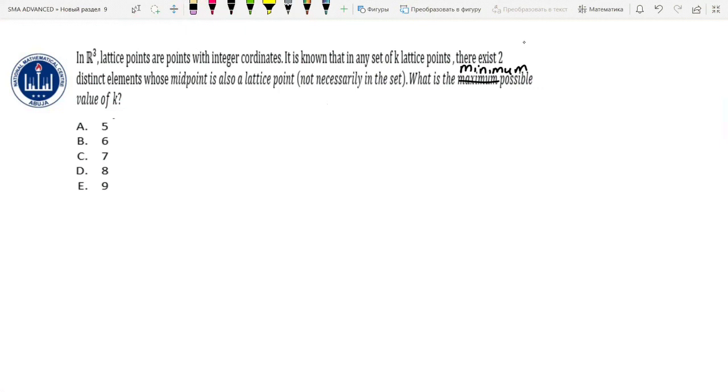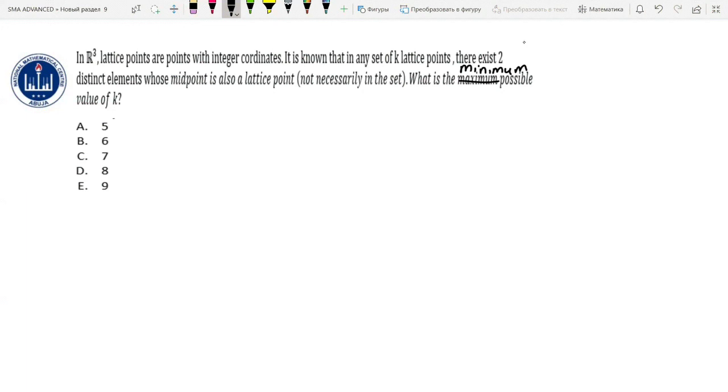So the only extremum that is reasonable here to find is the minimum, not the maximum. So the question is meant to be: what is the minimum possible value of k? So that's what we are going to solve. Maybe it's a typographical error, but this is what we're going to solve, because the maximum has no upper bound, but it has a lower bound.